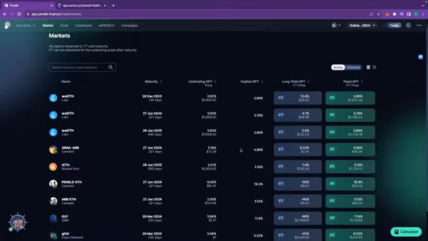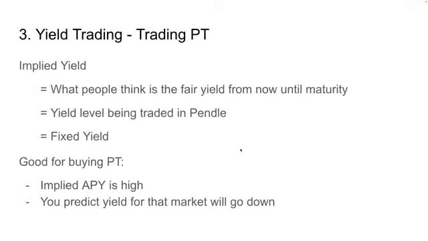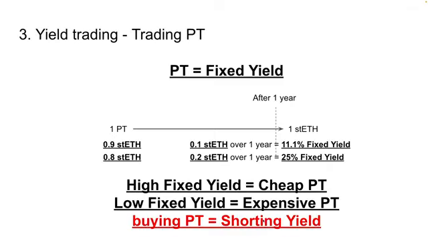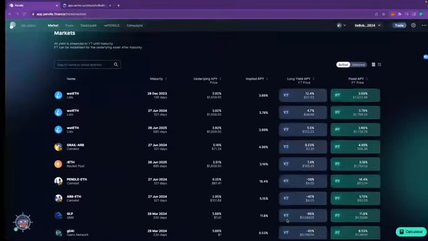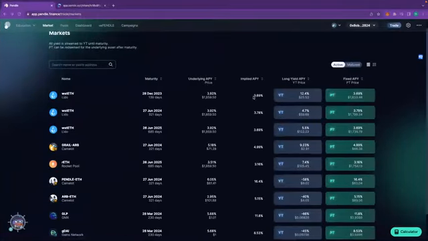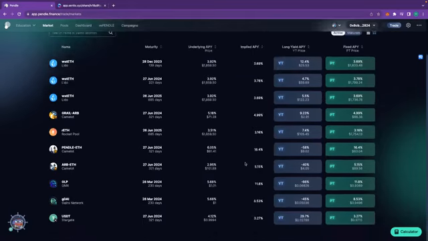Okay. Now remember just now, buying PT is shorting yield, right? If you're shorting, you will want to short something that is overvalued, correct? So what we want to do is to look for the implied APY that is higher than what it should be. And among these different markets, the GDAI market caught my eye. Why?